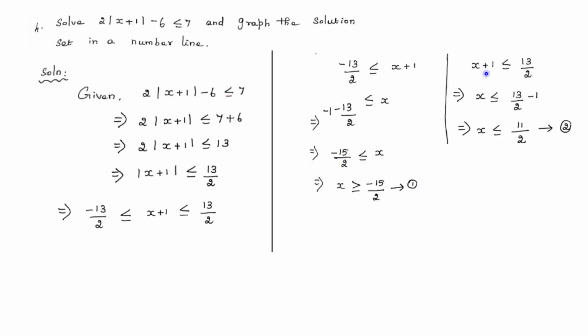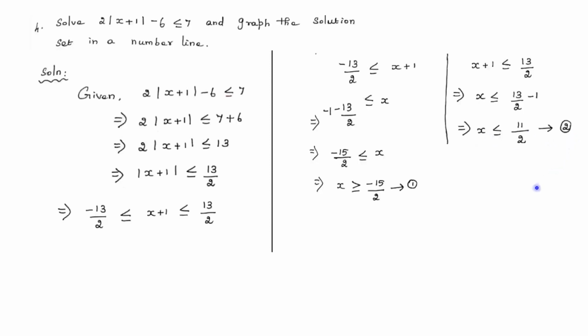From this, plus 1 comes to this side as minus 1. Then you have to take an LCM. We will get the denominator as 2 and cross multiply that. Then we will get 13 minus 2, which is nothing but 11. So 11 by 2. That is x less than or equal to 11 by 2. Now mark this as the second one.